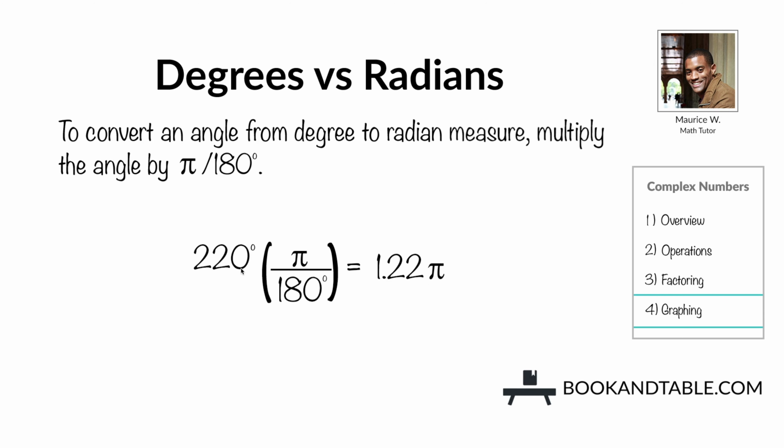And 220 degrees divided by 180 degrees would be 1.22 pi radians. So we'll use pi over 180 degrees to convert our arguments from degree measure to radian form so that you can answer the questions that your instructor asks you in either or both forms.